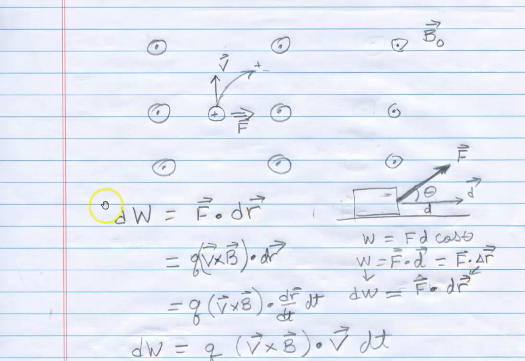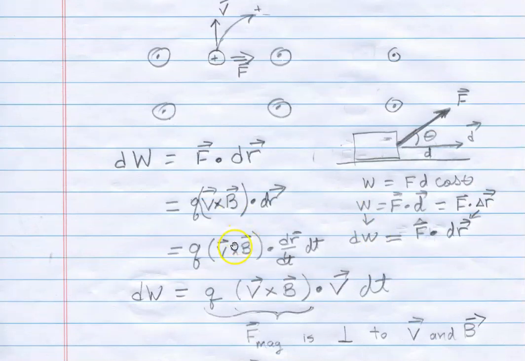And that's in fact what I pulled for this formula here, but it's really just the definition of work. Now I know the only force on this is the magnetic force, and I know the expression for the magnetic force is just Q V cross B. And I have to dot that into dr vector.